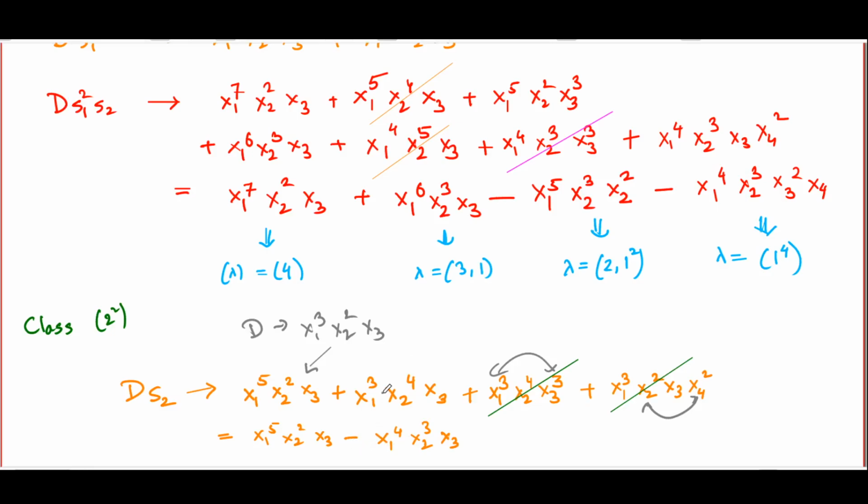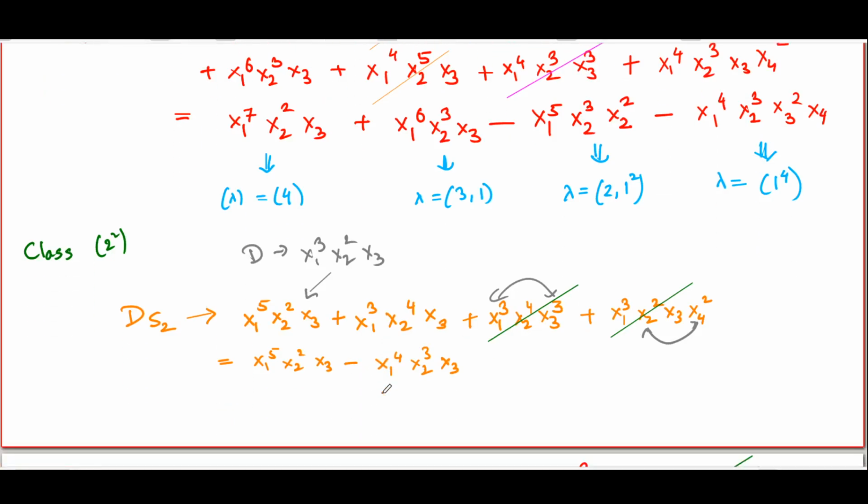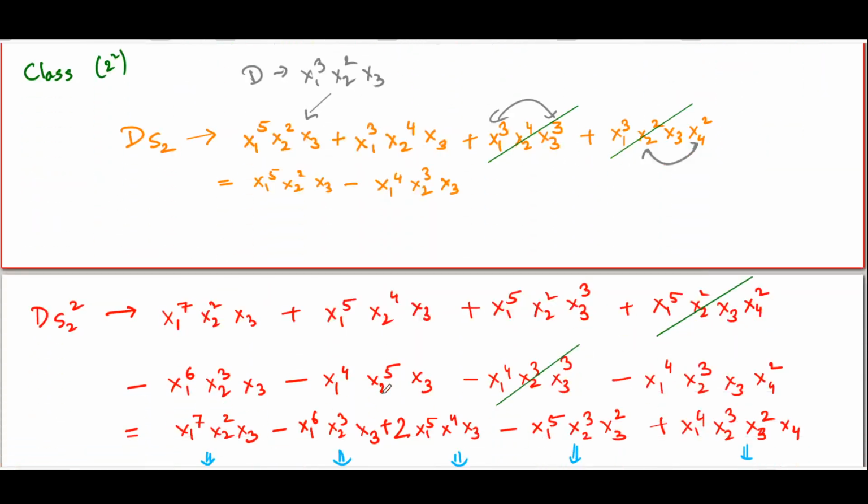That's ds2. What we need is ds2 square. So we need to multiply this by s2 and this also by s2. So s2 of course means multiply by squares of x's. So x1 square here will give you 7, 2, 1. x2 square will give you 5, 4, 1. I've just written down all these terms explicitly. x3 square will give you 5, 2, 3. x4 square will give you 5, 2, 1, 2, which will of course cancel out because of the antisymmetry.